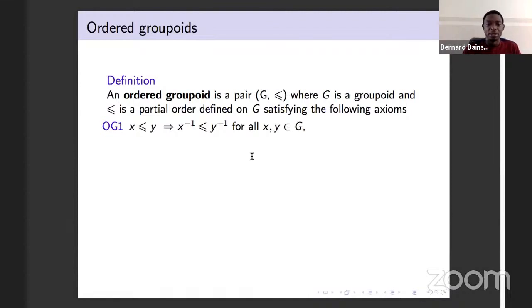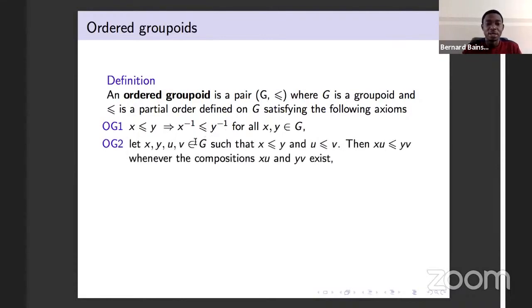So the pair G and the partial order will be called an ordered groupoid, provided that it satisfies the following conditions. So if x is less than or equal to y, then this implies that x inverse will also be less than or equal to y inverse for all x and y in G. Again, if you have x, y, u, v in G, such that x is less than or equal to y and u is less than or equal to v, then xu should be less than or equal to yv whenever xu and yv exist.